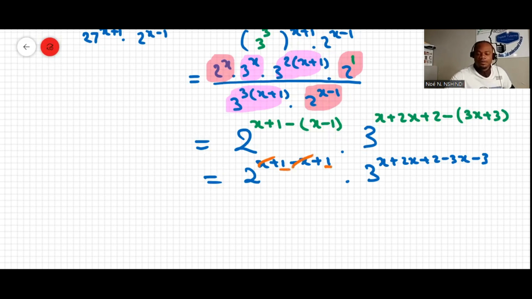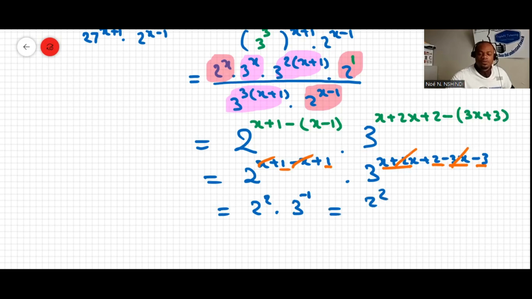Over here you have x plus 2x and negative 3x, they simplify, and then 2 and negative 3 makes negative 1, so over here it will be 2 to the power of 2, multiply by 3 to the negative 1.